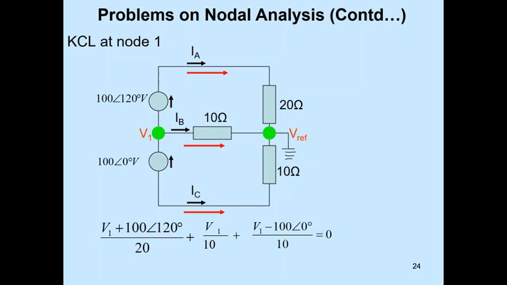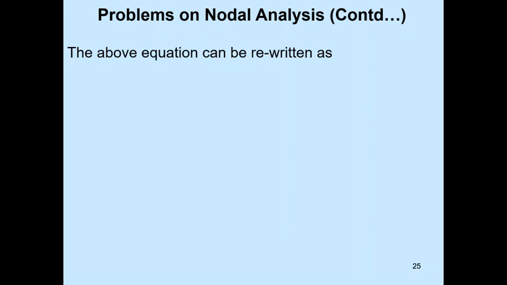And in the third case, the current source direction and the current IC direction are out of phase. So that is the reason we write V1 minus 100 at an angle of 0 by 10 is equal to 0. So this is the nodal equation at V1.